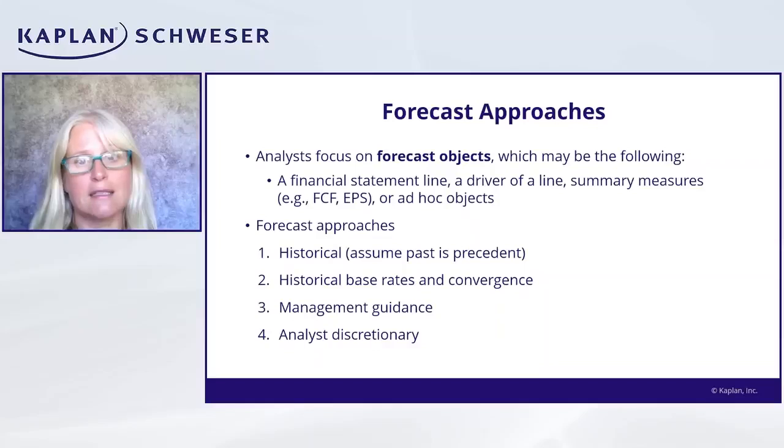So we can say electric car manufacturers are growing 20% per year or whatever it might be, but it's likely to converge towards a more reasonable 5% or whatever the industry might be. So we build in an element of convergence.